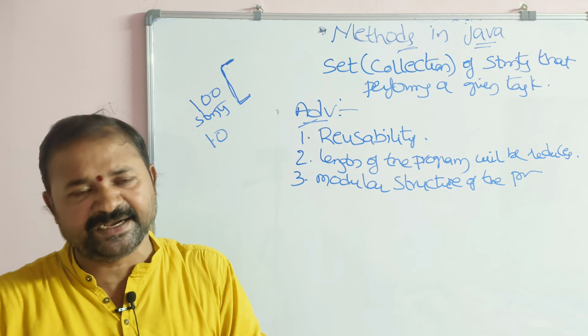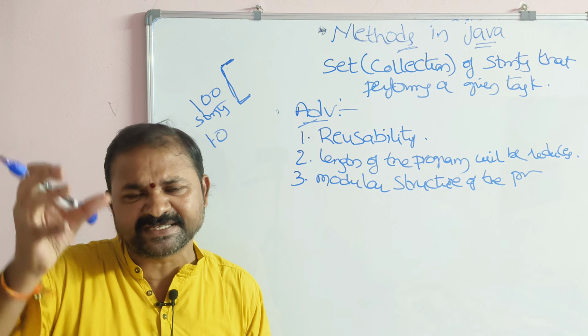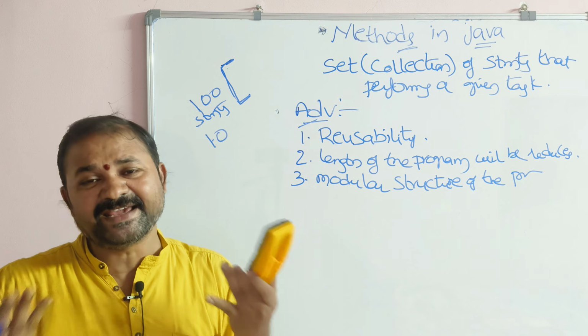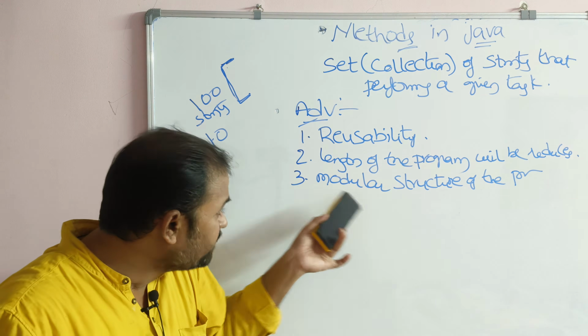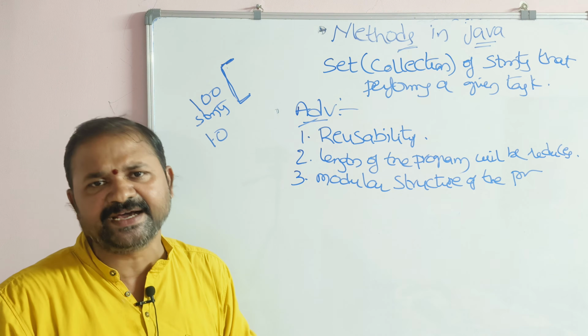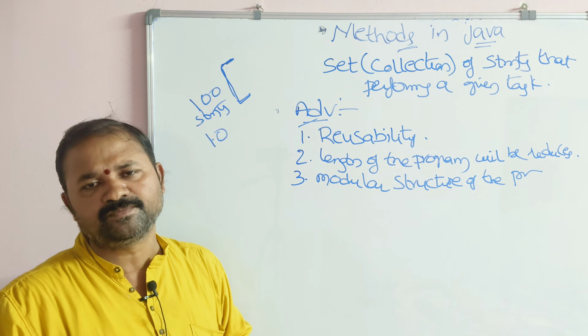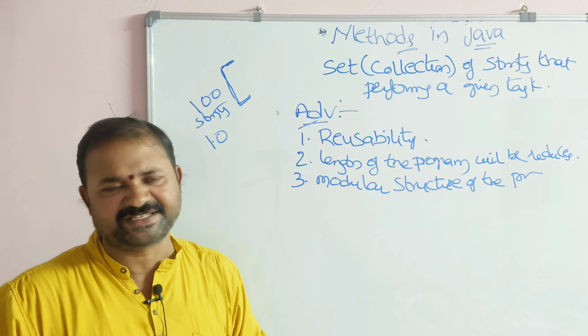So each method is nothing but a module. Each method can perform a specific task. If we take a banking application, then one method may contain a deposit module, another method may contain a withdrawal module, likewise.